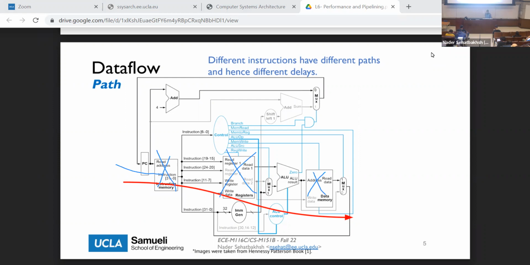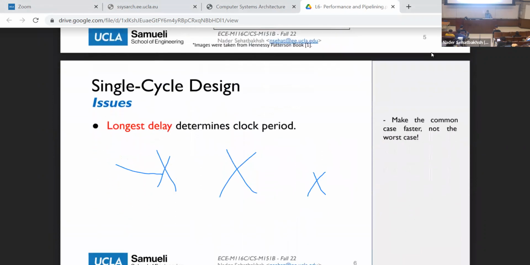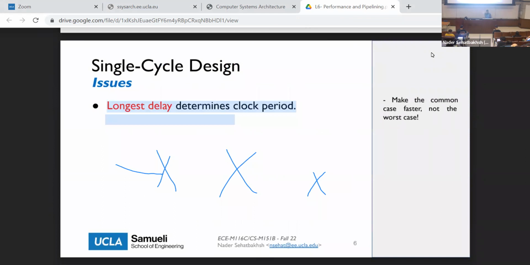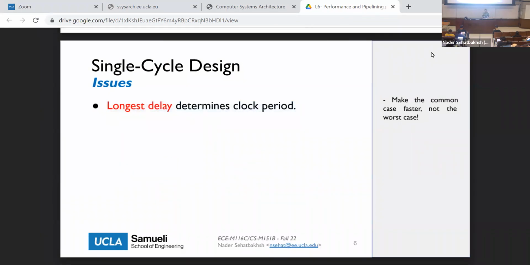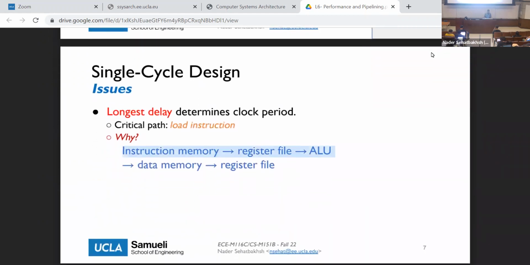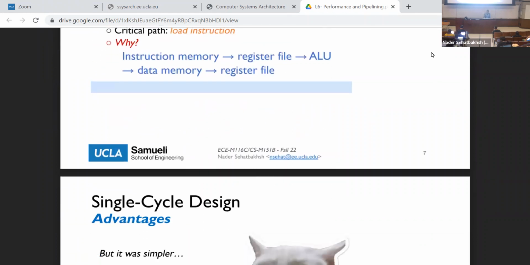As a result, if you want to compute what the clock cycle should be for this specific processor, since we are assuming that every instruction has to be finished within one cycle, our longest delay among all these instructions should determine the clock cycle. As you will see in the homework, for example, load word is the slowest, and that determines the clock frequency.